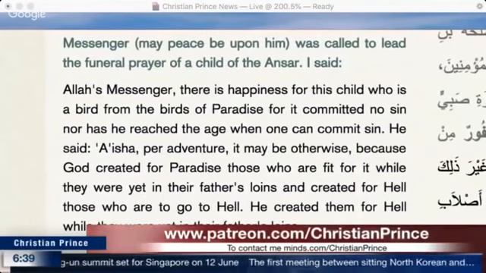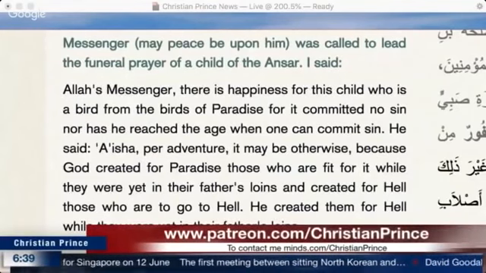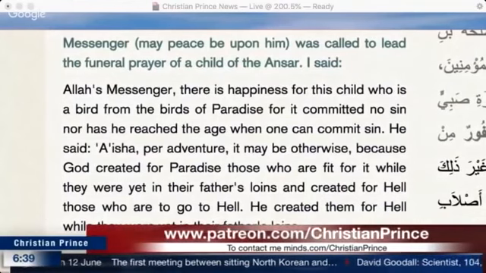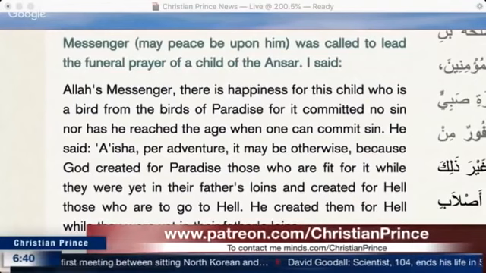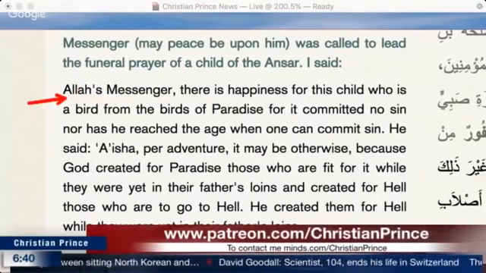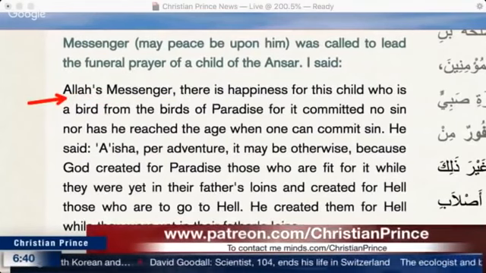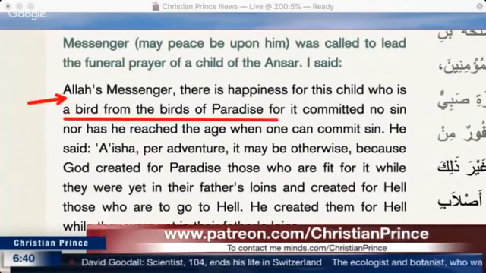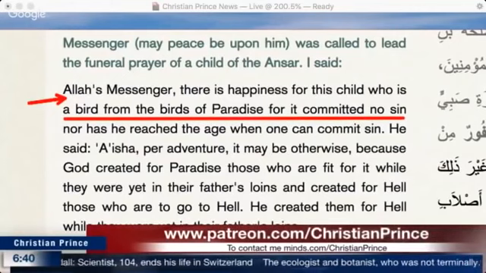So Aisha is speaking logic. She thought so because this child never committed sin. If we read together, it says, Aisha said, Allah's Messenger, there is happiness for this child who is a bird from paradise, for it committed no sin, nor has reached the age of sin.